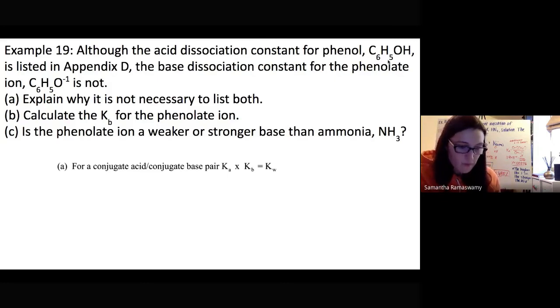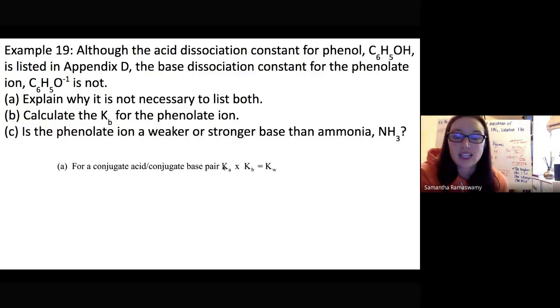The phenolate ion looks similar. The only difference is that this has one less H+. This is the conjugate base. So for any conjugate acid-base pair, Ka times Kb equals Kw. This equation is on your equation sheet.